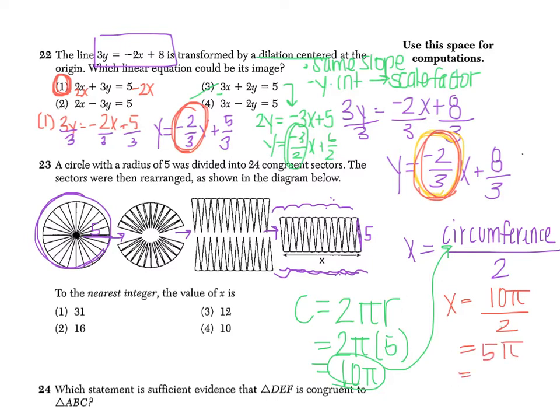And when we type that into the calculator, we get 15.708. And because it says the nearest integer, that's a whole number. 15.7 tells me that we should round to 16. So our answer here is 16, choice 2.